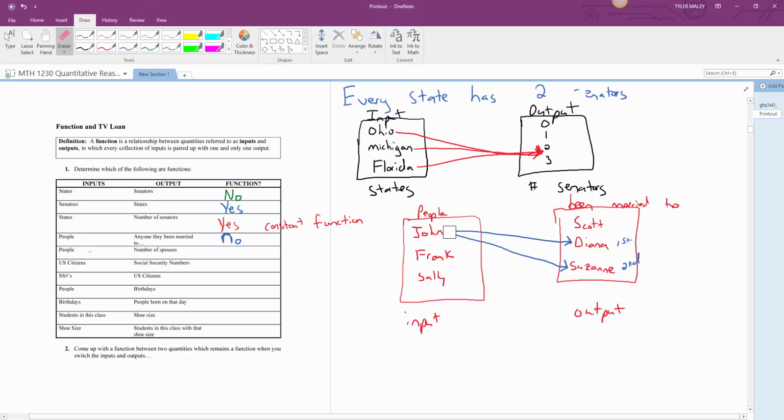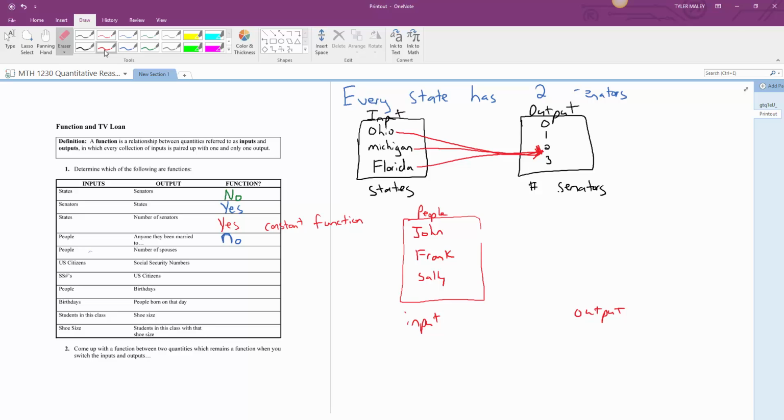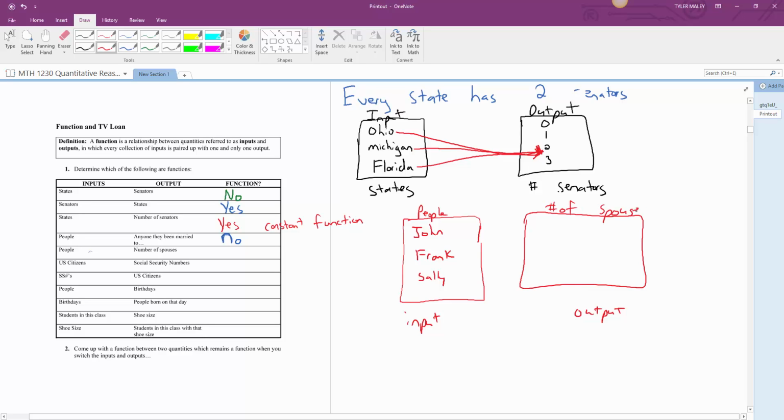Let's say we still have the same people, but our outputs now are the number of spouses that you've had. So we have 0, 1, and 2.